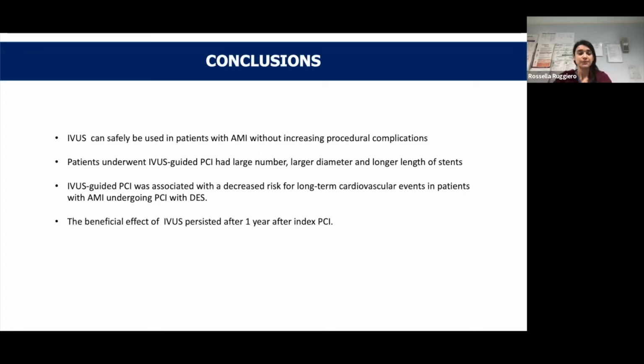So in conclusion, according to the authors, IVUS can safely be used in patients with AMI, acute myocardial infarction, without increasing procedural complications. Patients who underwent IVUS-guided PCI had larger diameter and longer length stents. IVUS-guided PCI was associated with a decreased risk of long-term cardiovascular events, including death, in patients with acute myocardial infarction undergoing PCI, and this beneficial effect persisted after 1 year from the index PCI.